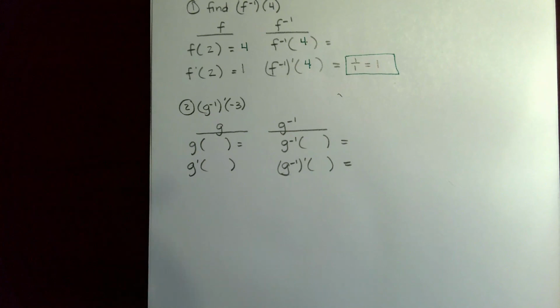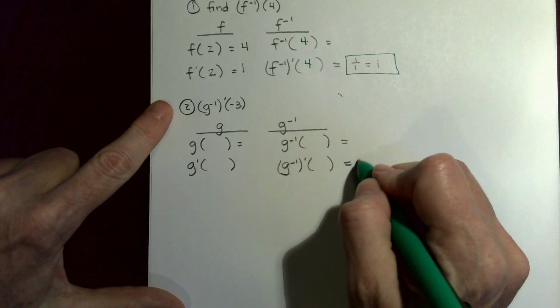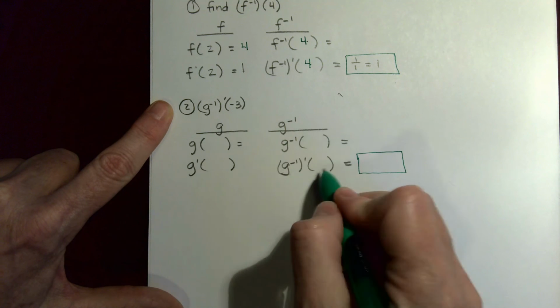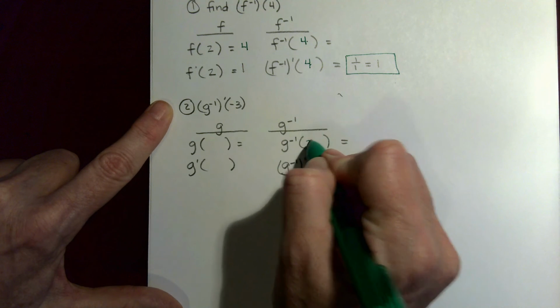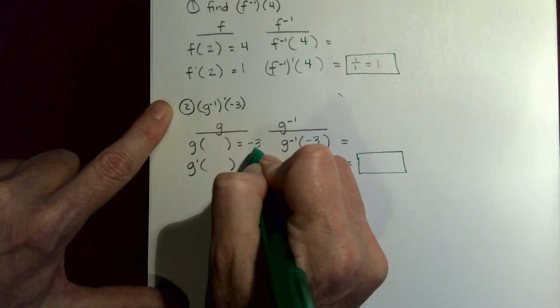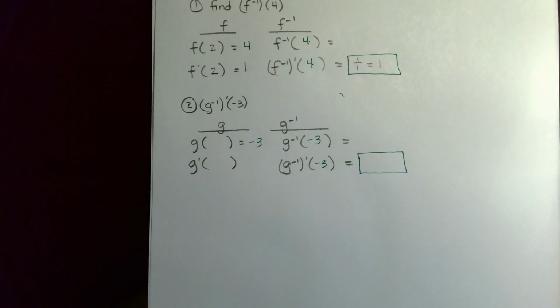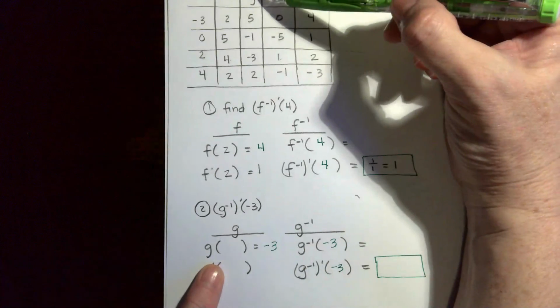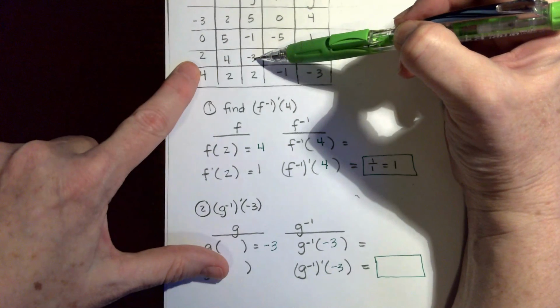Okay, so I always start with that. This is my answer. Negative 3. Okay, g of what is negative 3? Looks like g of 2.